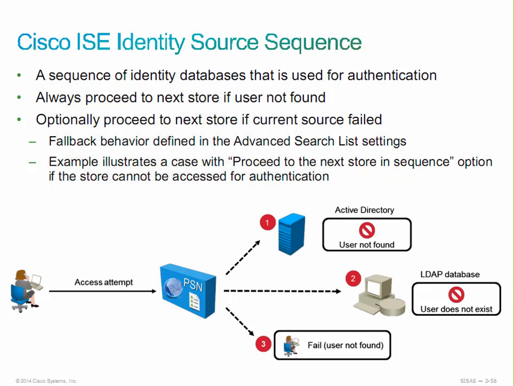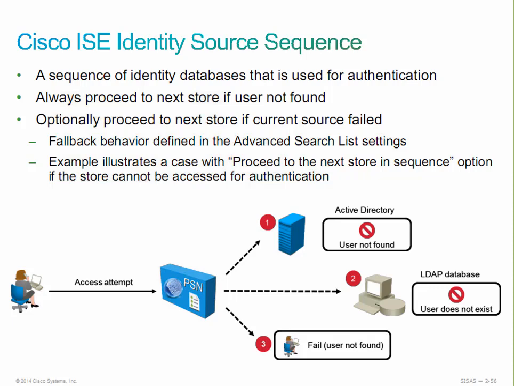So Cisco ISE does support an internal identity source, which Andy was talking about previously, or you can use an external identity source, which is what we've been talking about in this particular lesson. You can configure an external identity source that contains user information.